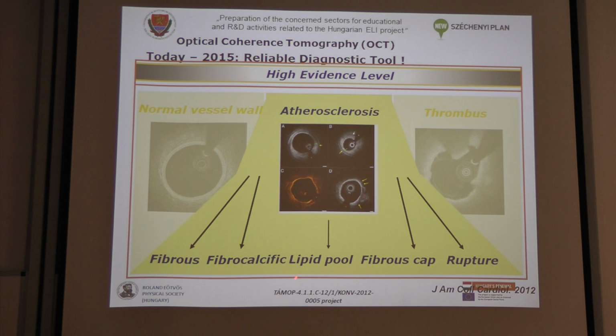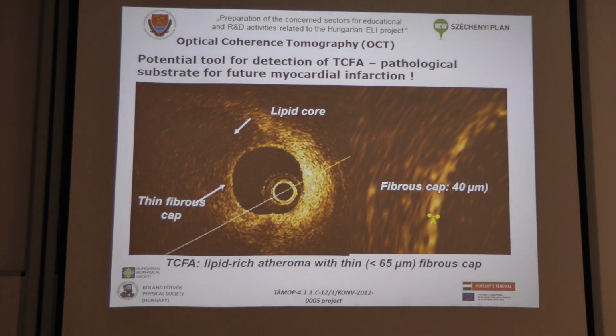The distinction between the fibrous and the lipid pool is not that easy, and sometimes they call it the necrotic core, which is a different kind of animal. Those are really not that easy.